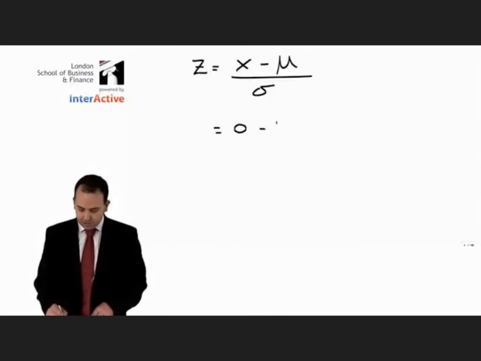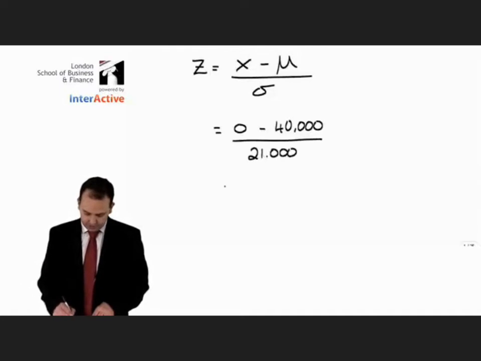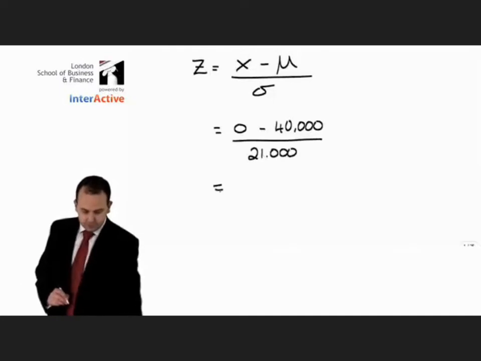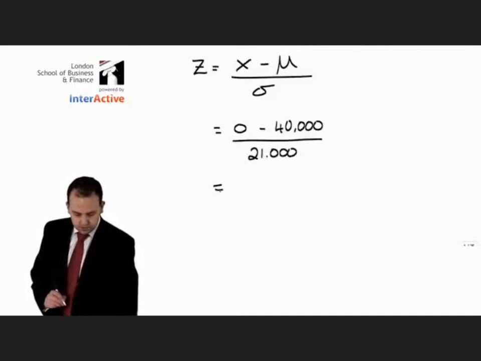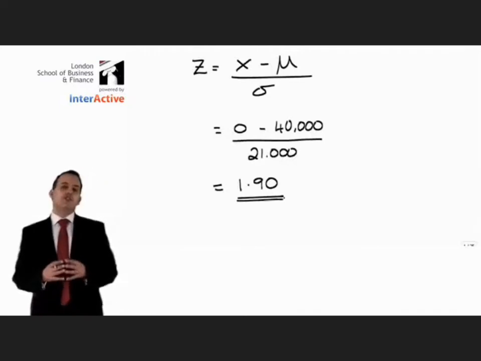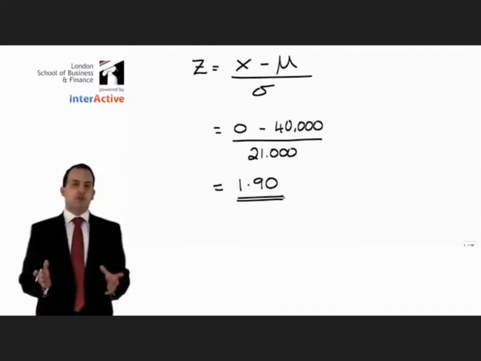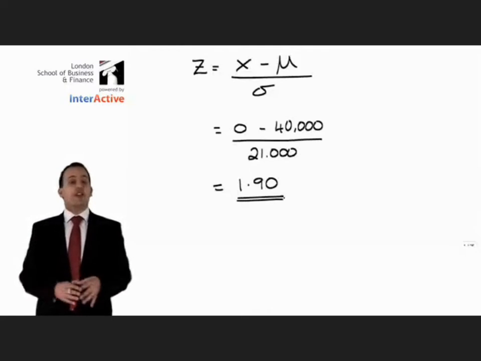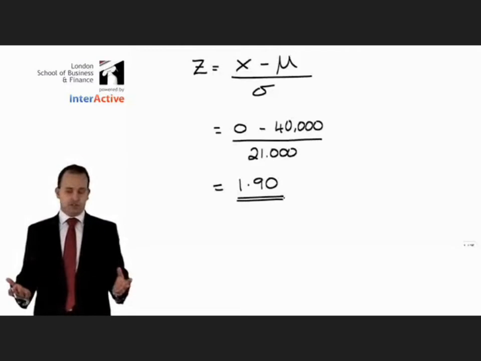We know that the average is 40,000, and we can divide it by the standard deviation of 21,000. This will give us an answer of 1.90. And due to the symmetrical nature of normal distribution, we can actually ignore the fact that it's negative and just treat it as a positive number.